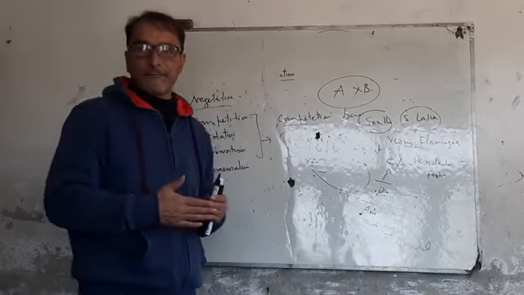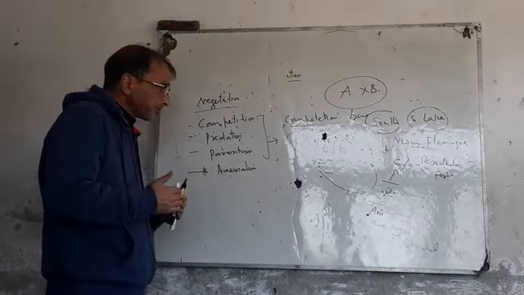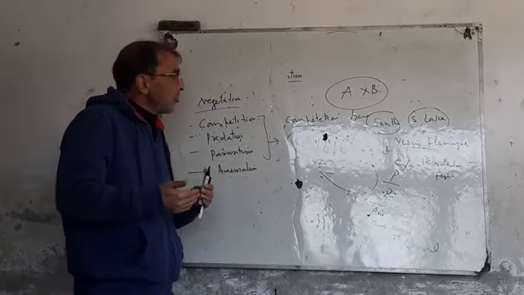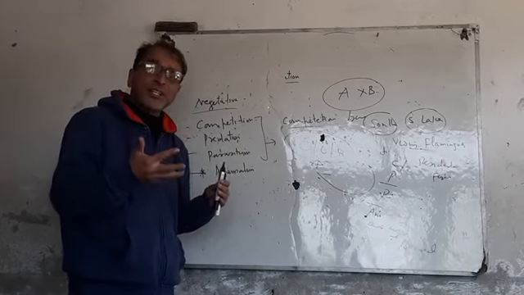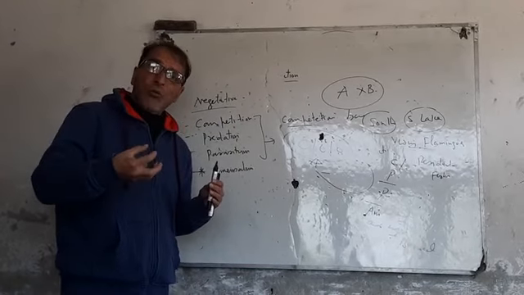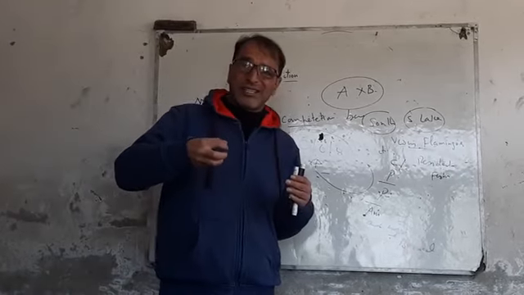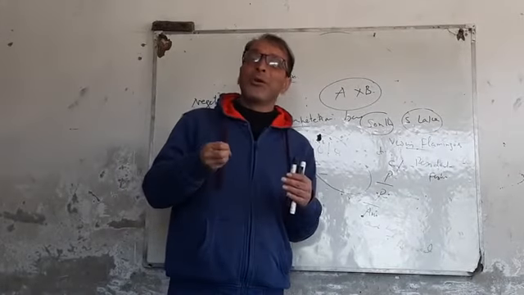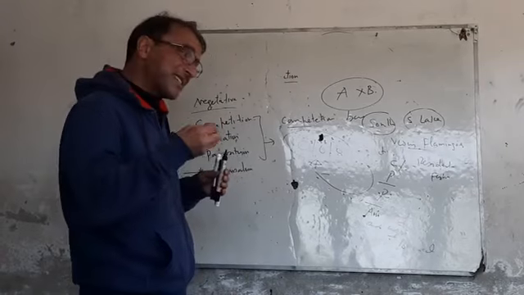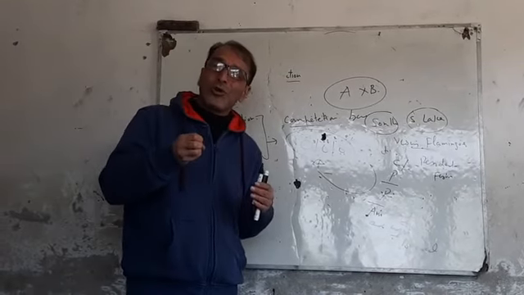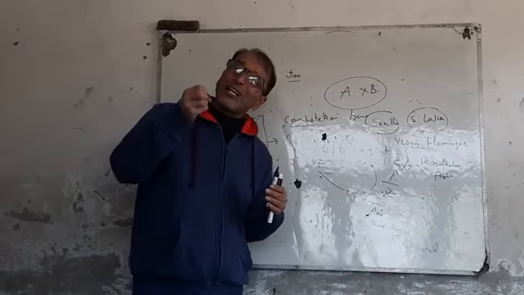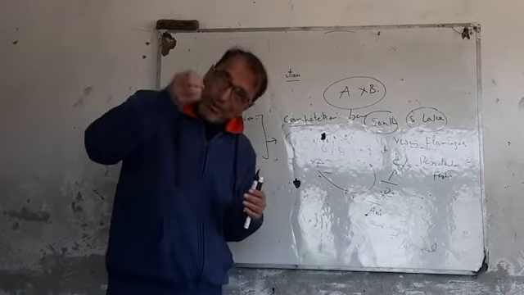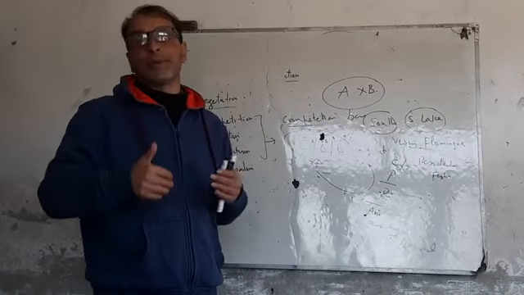So, we may say that competition can be between closely related species or even between totally unrelated species. Okay? Now, there is also a general belief that competition is always for a resource which is limited. No. This competition can also be for a resource which can be abundant, but still there is competition.